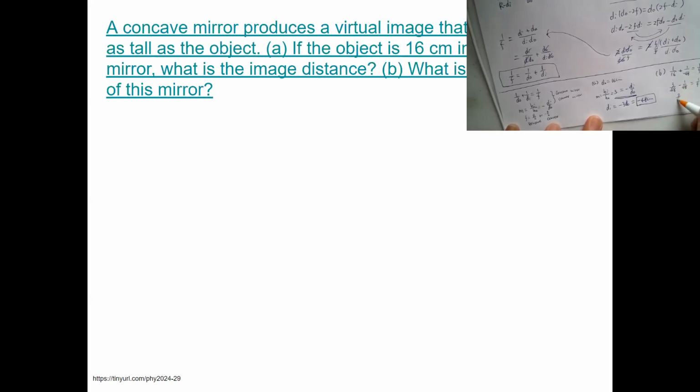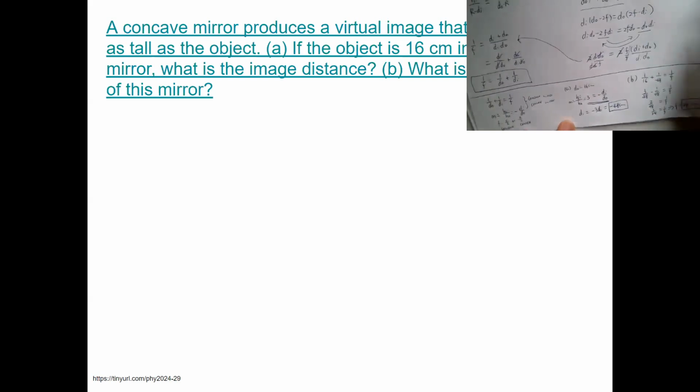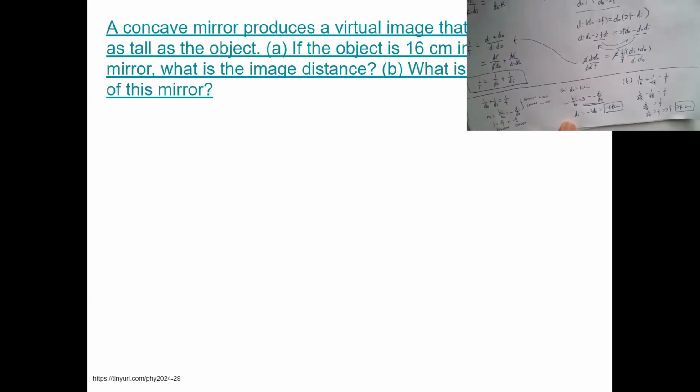This is 2 over 48 equals 1 over f, or 1 over 24 equals 1 over f. So f equals 24 centimeters, which is positive. That is consistent with the mirror being a concave mirror; again, a concave mirror should have a positive focal length.